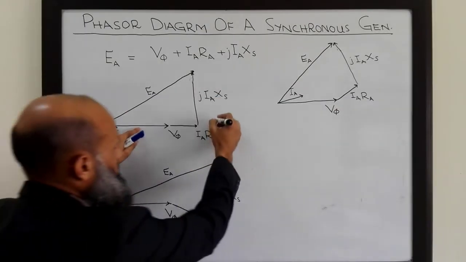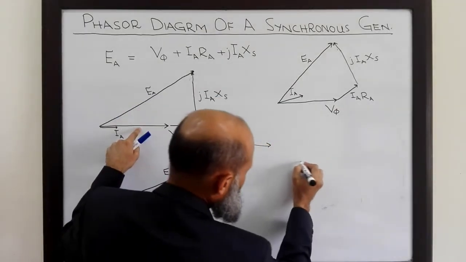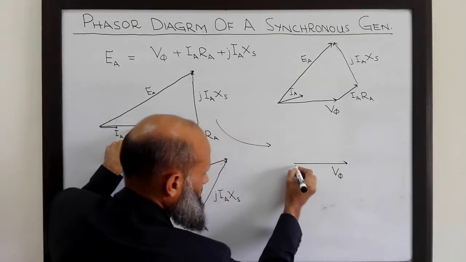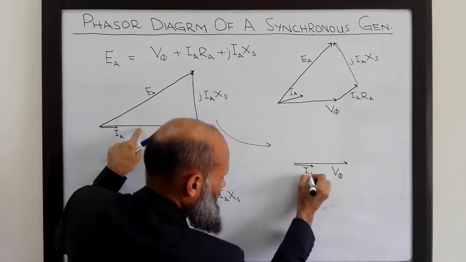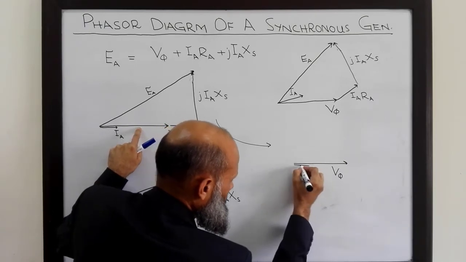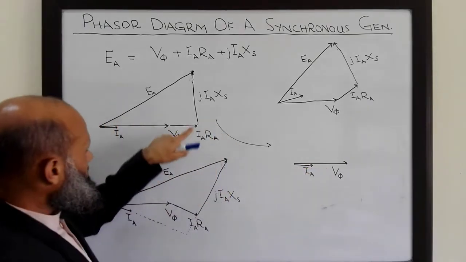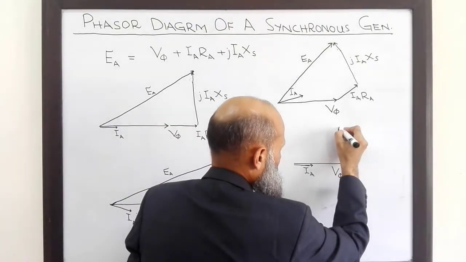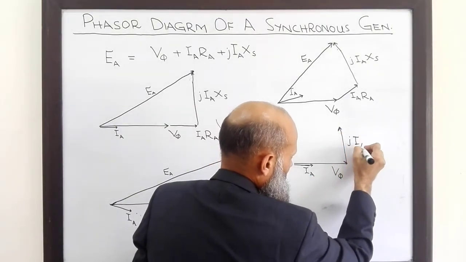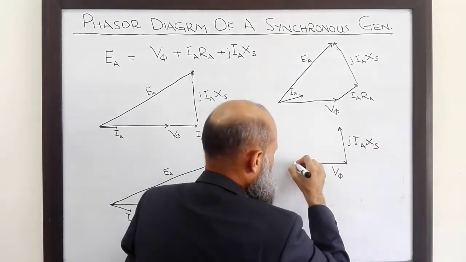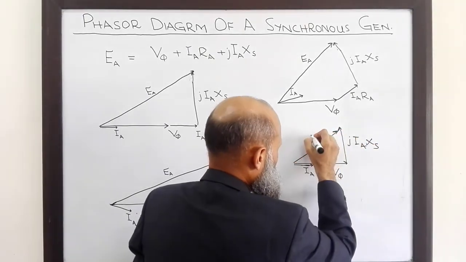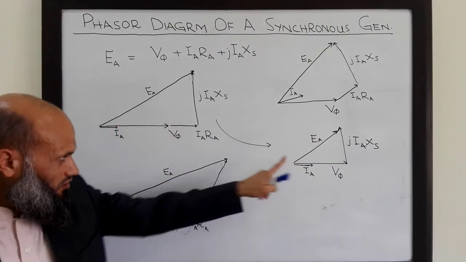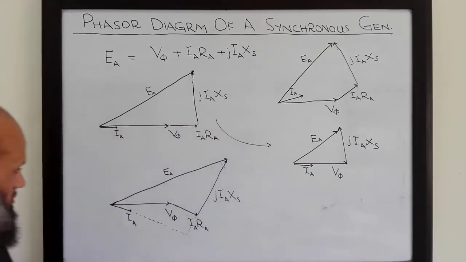For resistive load, we shall have this situation: V phase and IA in phase with V phase, and then just omit this thing, we have this thing, JIA XS and the phasor sum EA. So this is the simplified phasor diagram for resistive load.